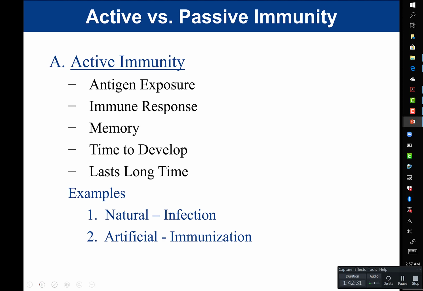Those of us like me who have been exposed to chickenpox because there was no vaccine when I was a kid, parents purposely infected you with chickenpox when you were little because getting chickenpox as a young kid was much better than getting it older.